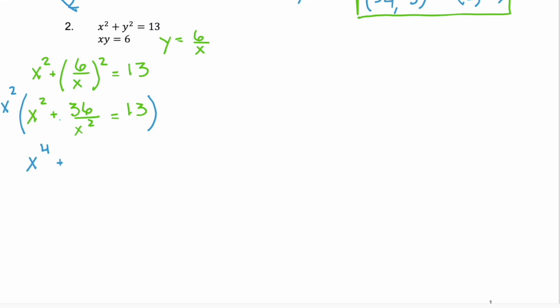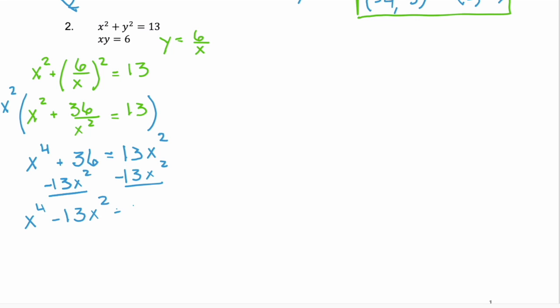The x squareds will simplify out and leave us with 36 for the second term, and it's equal to 13x squared on the right-hand side. Let's move that 13x squared over, because I'm starting to see what might be a polynomial. We have x to the fourth minus 13x squared plus 36 equals 0.